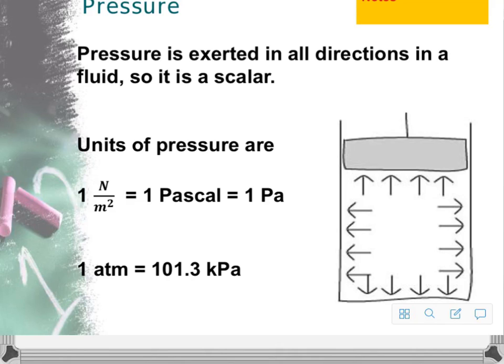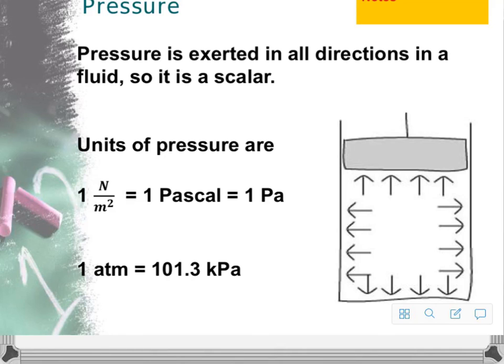The other way that you can measure pressure is in terms of what's called atmospheres. One atmosphere is the amount of air pressure that is exerted on everything around it at sea level. Air is a fluid, and it exerts pressure on everything around it, including you and me.